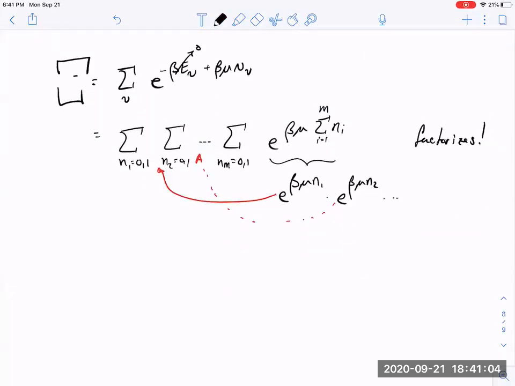Which means that the whole partition function is just M factors of a sum over what a single cell is doing. So it'll have some form of some number to the M. This sum is easy to do. It has two terms. The first one, when I put n1 is 0, is just 1.